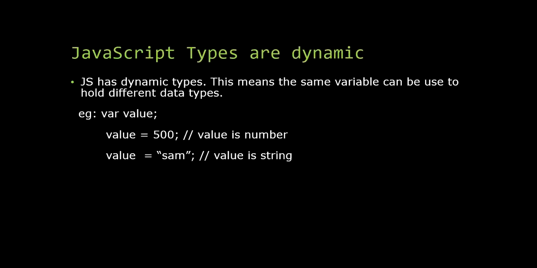JavaScript types are dynamic. That means the same variable can be used to hold different data types. Like var value equals to 500, then we have defined Sam, so it is dynamic.